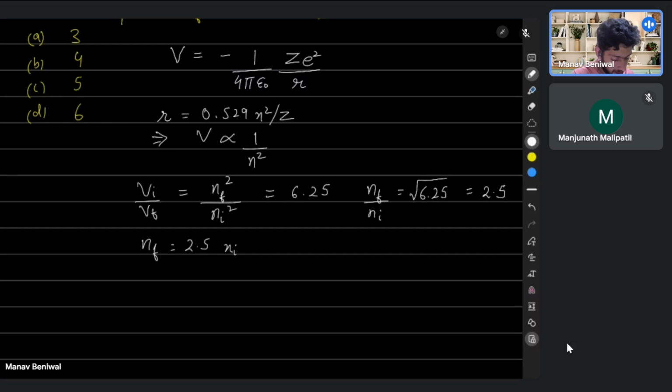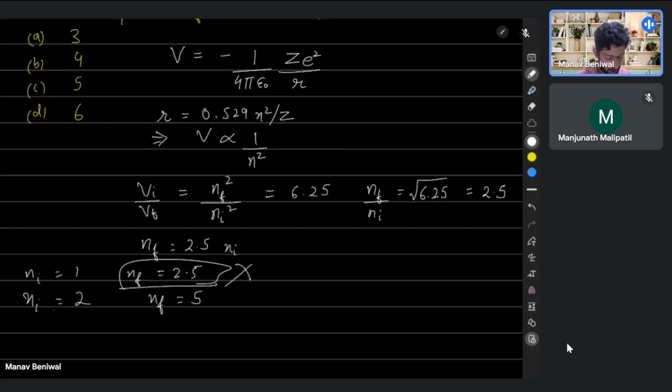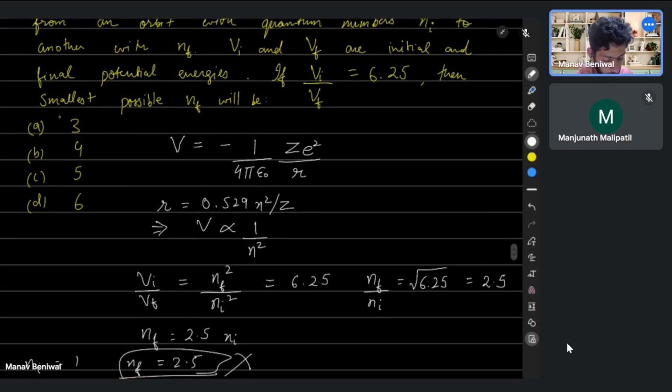Because these n's are integers and the value starts from 1, when ni is 1, nf is 2.5, but this is not an integer. So we must put ni equal to 2, and then we get nf as 5. Now this is an integer, and if we keep increasing ni, we'll get higher values of nf, but what we are asked is the smallest possible nf, so that will be 5, option C.